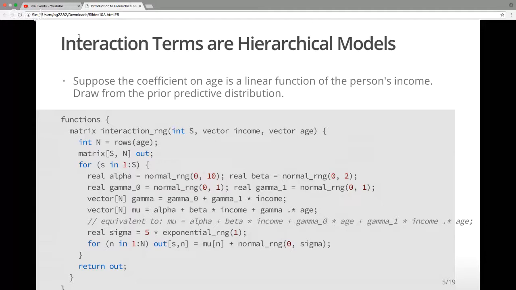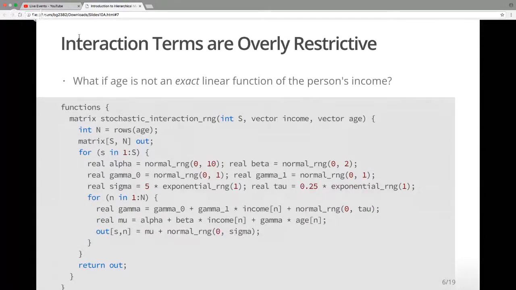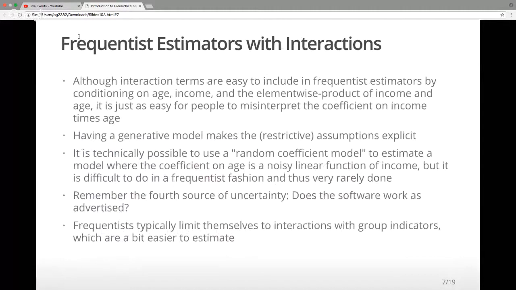It's just that's what their software permits them to do. Stan permits you to do basically anything you want, and you should want to do models that are realistic.